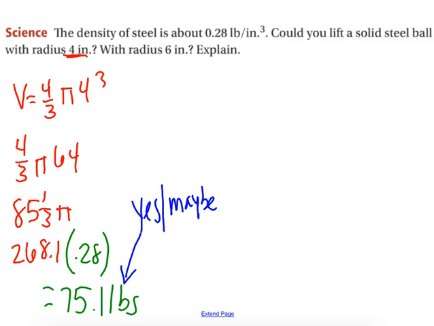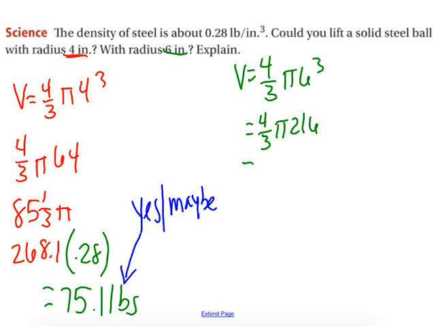Now, trying this with a radius of 6, let's see here. 4/3 pi 6 cubed. We find 4/3 pi 216. 4/3 of 216, we know is 288 pi. And then that's approximately 904.8.